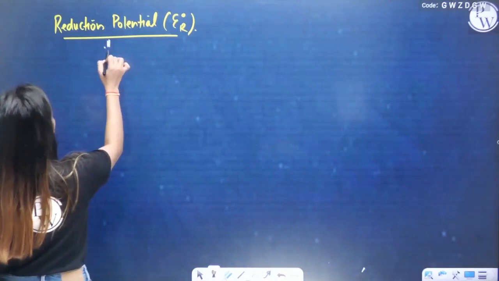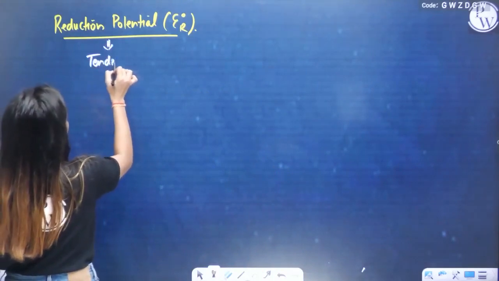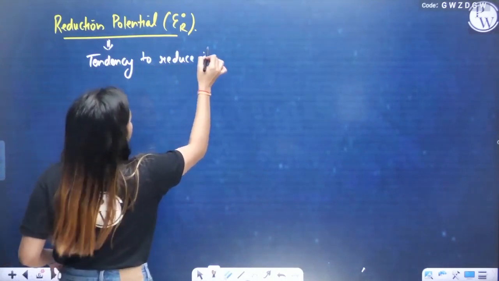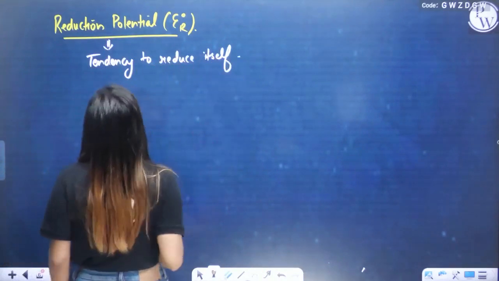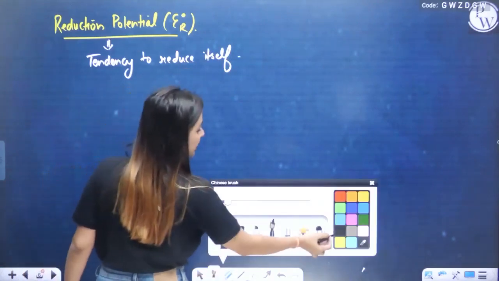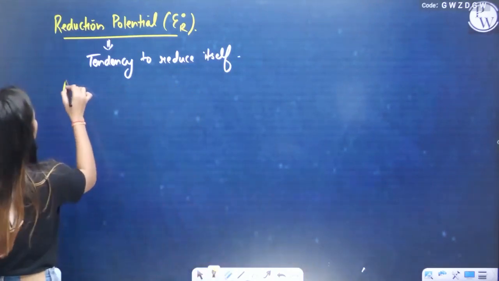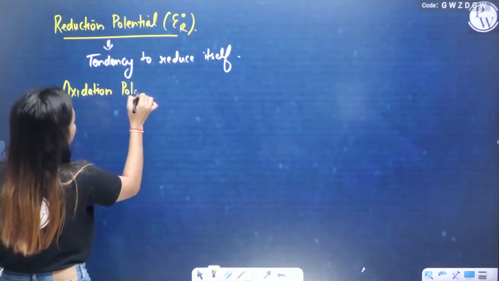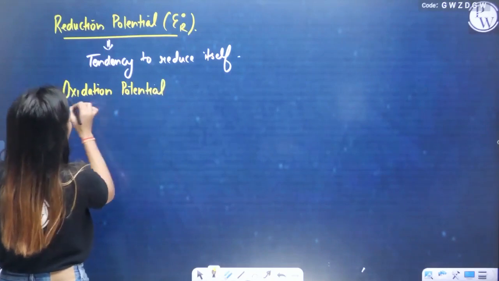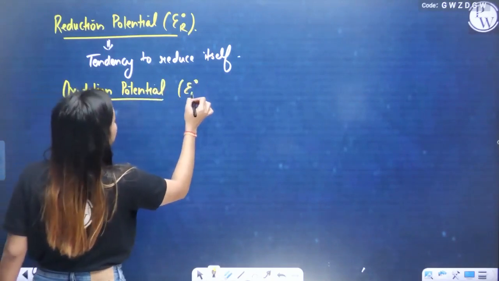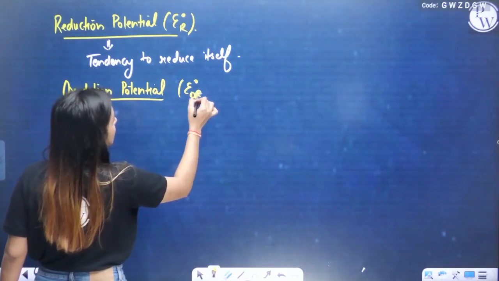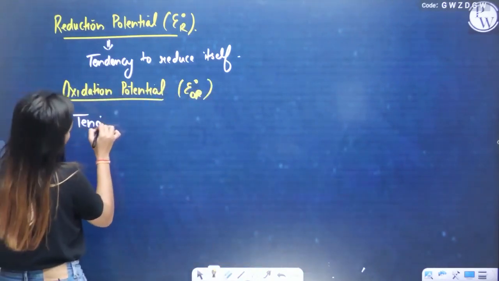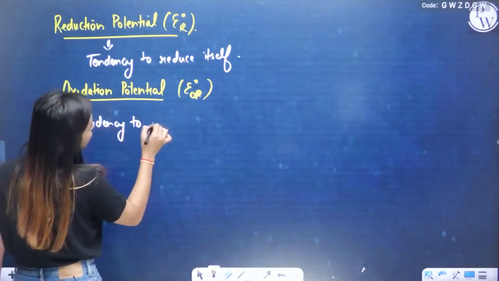So, reduction potential is the tendency to reduce itself. And if I talk about the oxidation potential, let's define it, my dear students.